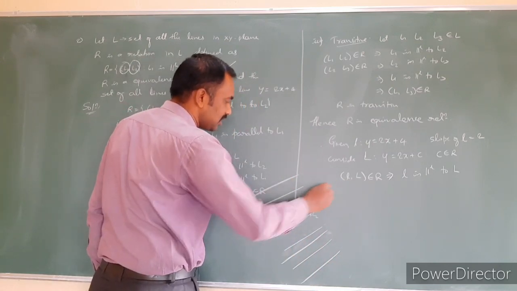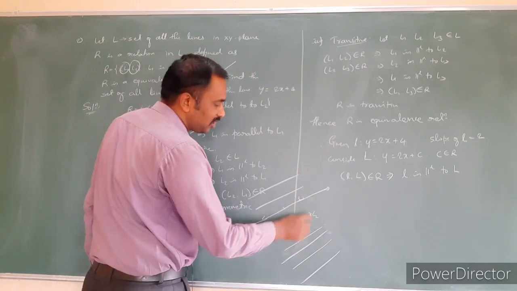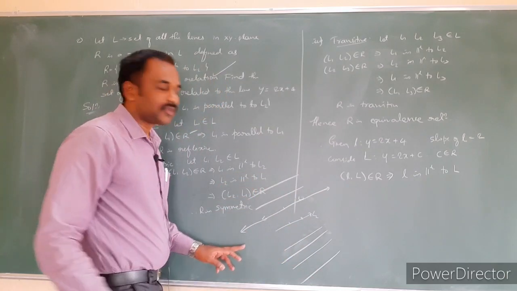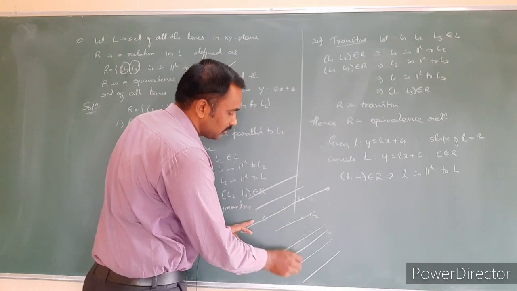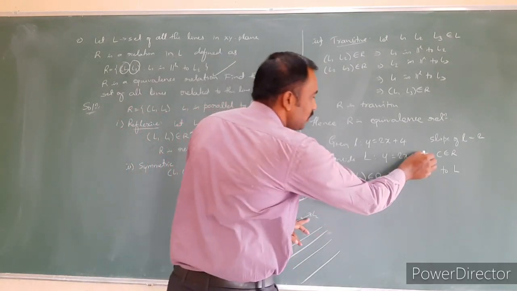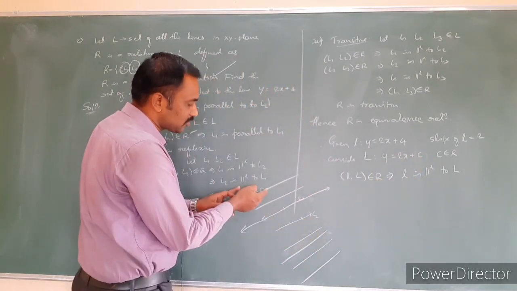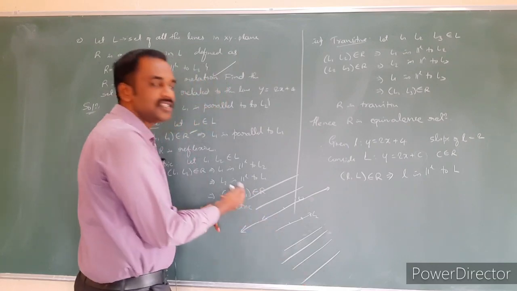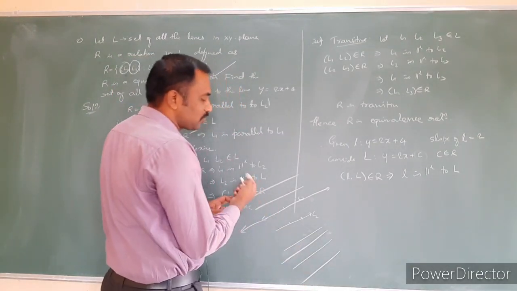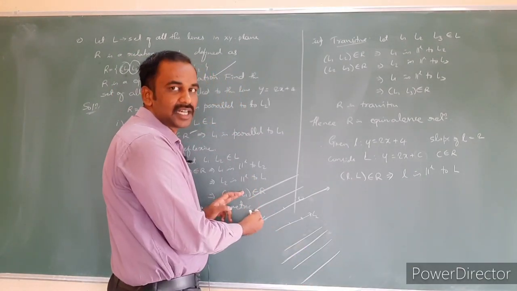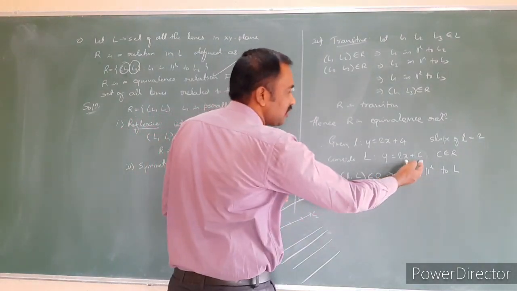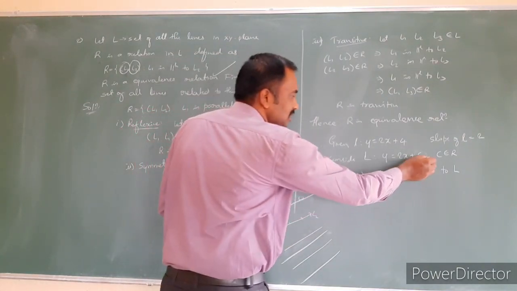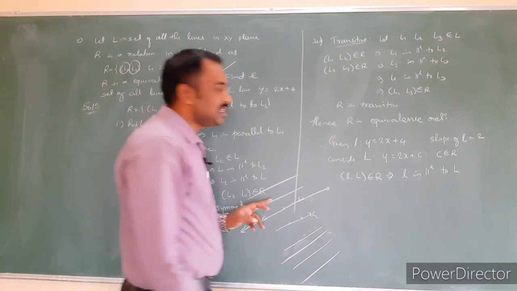Suppose this is the given line, then all these lines are parallel to the given line. Only the c value is interchanged. The remaining slope is the same for all these lines because they are parallel lines. The only thing that changes is the y-intercept c.